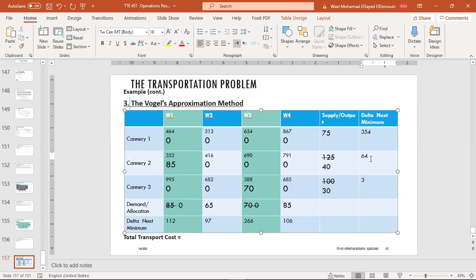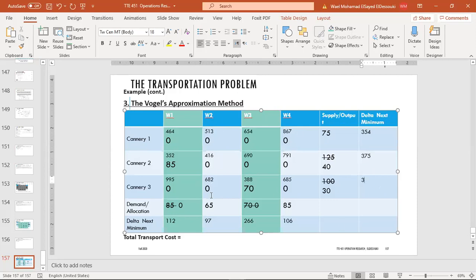This one is 791 minus 416, 375. Here the 3 stay as they are, there is no problem, and the columns stay as they are.